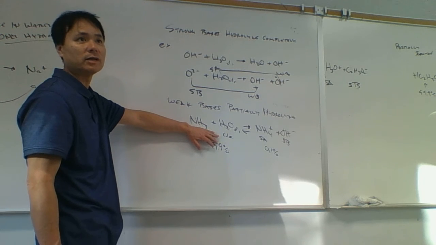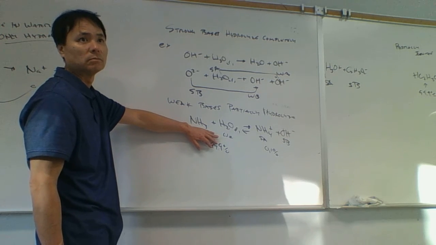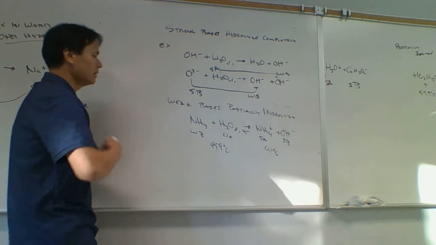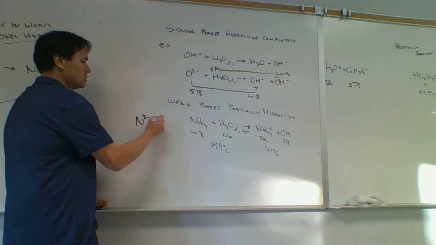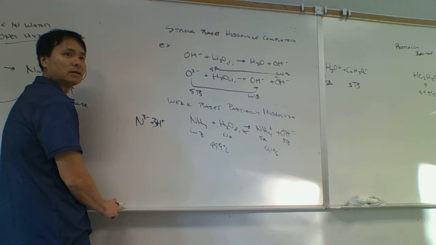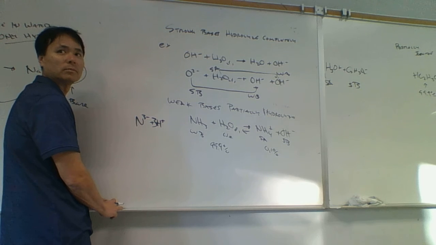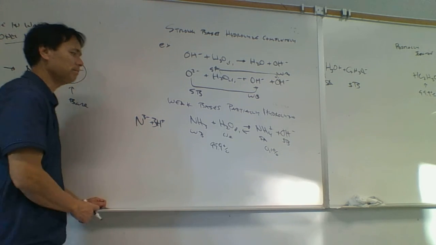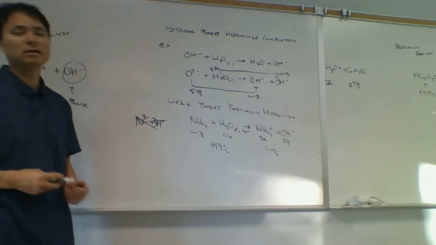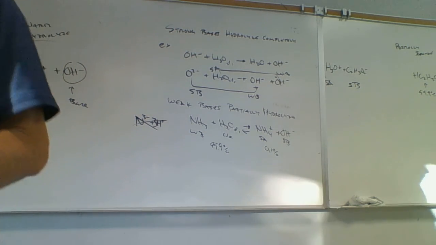Yeah, maybe it ionizes to nitride and 3 hydrogens. Does that look good? Break apart the ammonia into... No, it doesn't. All right, we'll stop here. We're out of time.